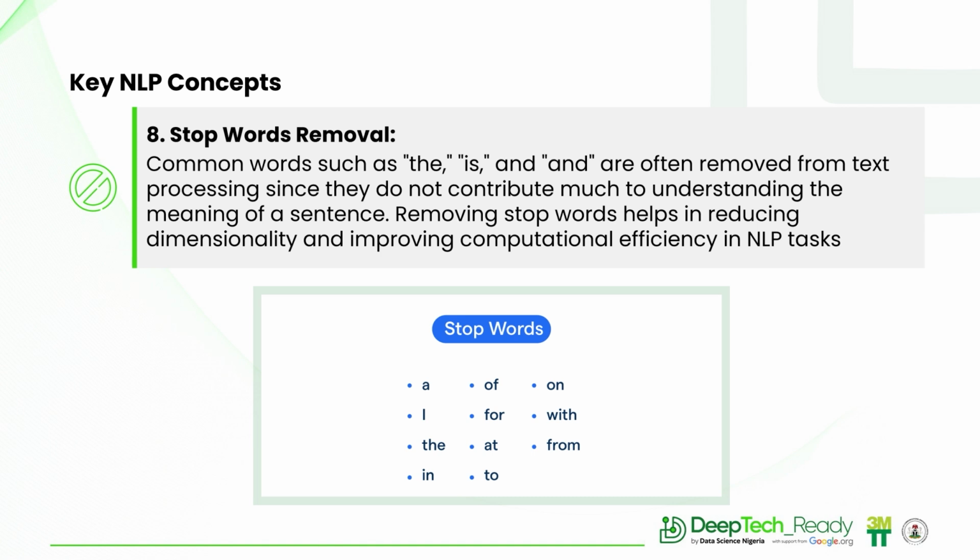However, for some tasks, especially advanced models like BERT, it might be useful to keep them because they can carry meaning in certain contexts. Removing the stop words helps in reducing dimensionality and improving computational efficiency in NLP tasks. So if you have a dataset with 5,000 words, possibly after removing the stop words, you should have around 4,500 words, or 4,000 words.